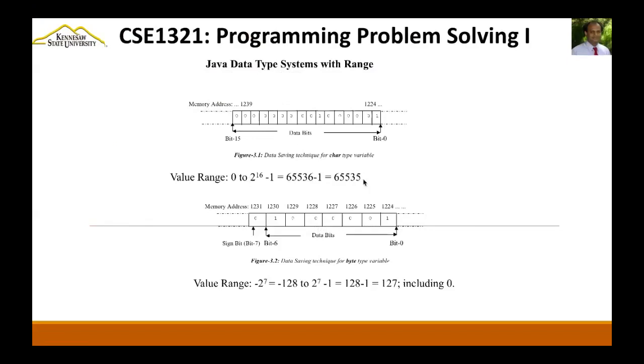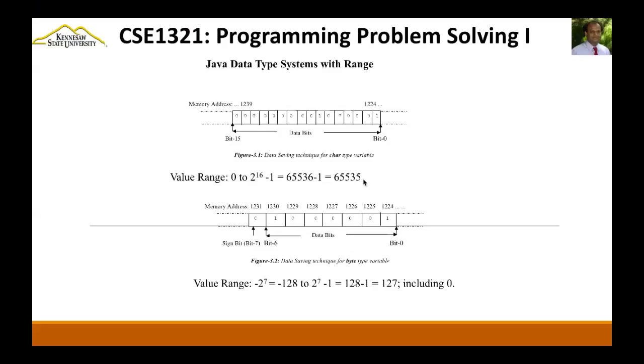But in modern computers we use the Unicode system, where characters of almost all human languages are covered. In primitive ASCII code, only 127 characters, the English characters, were covered.